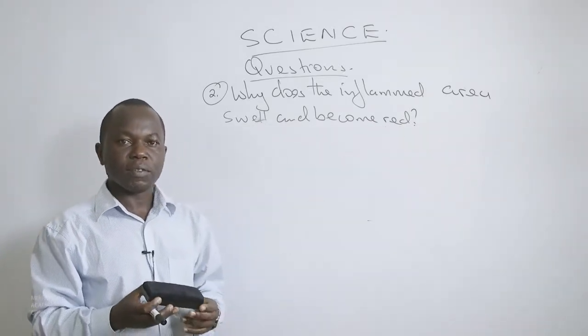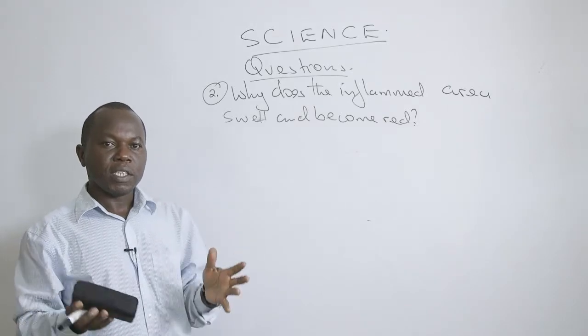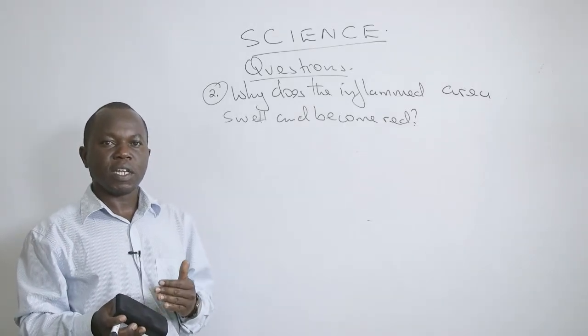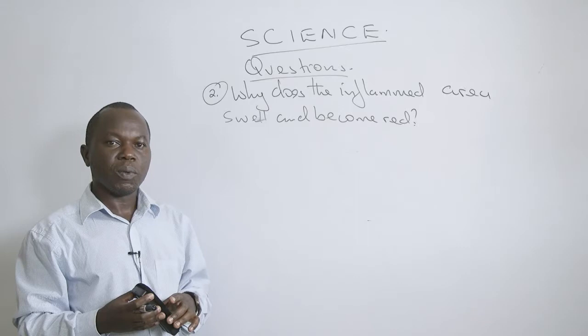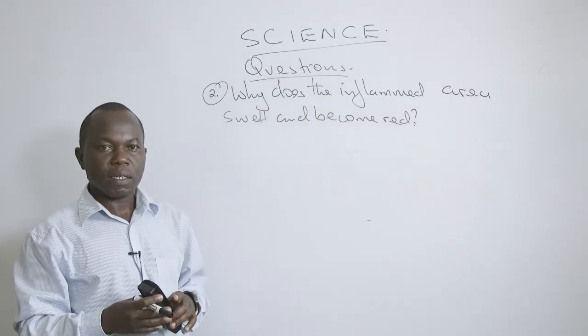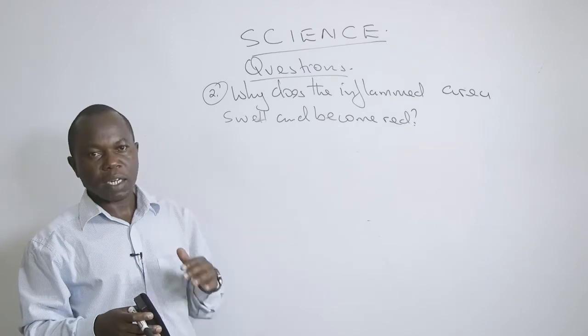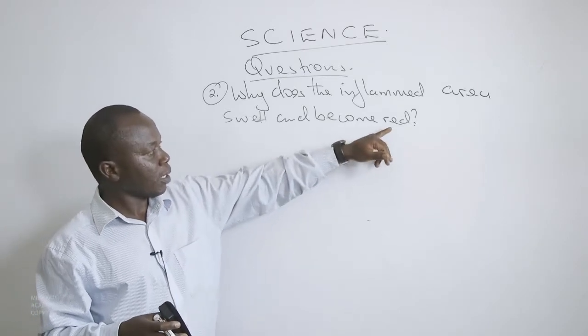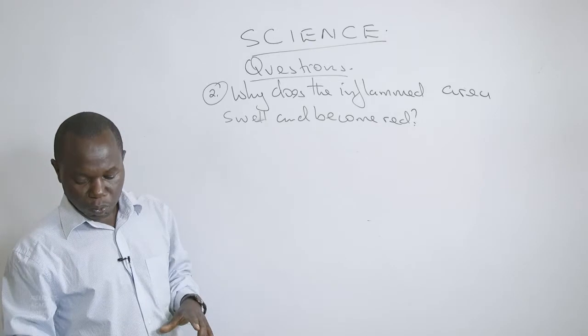And for it to become red, we said histamine initiates vasodilation. Vasodilation will now allow more blood to flow to the area. And remember, blood is red in color. So it becomes red, it becomes swollen.